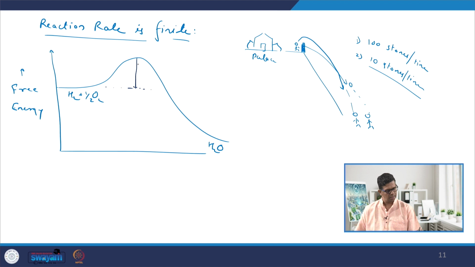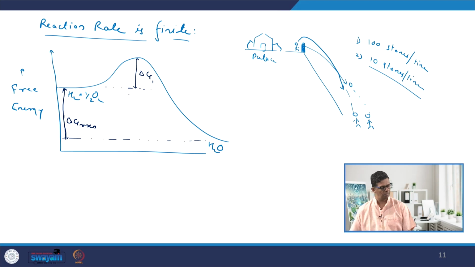This reaction barrier between reactant species and product species is your delta G reaction. For reactant species to be converted into product species, they have to cross another barrier, which is delta G1. So, delta G1 corresponds to the reaction barrier for the reactant species to be converted into product species.